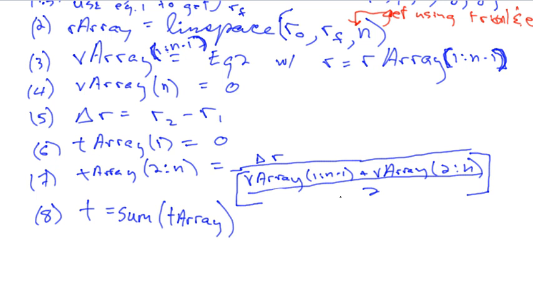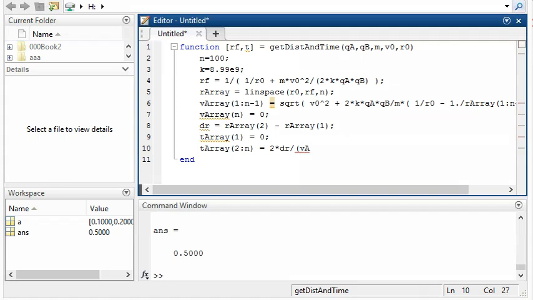V array of 1 to n minus 1 plus V array of 2 to n. Plus the same thing, V array of 2 to n.